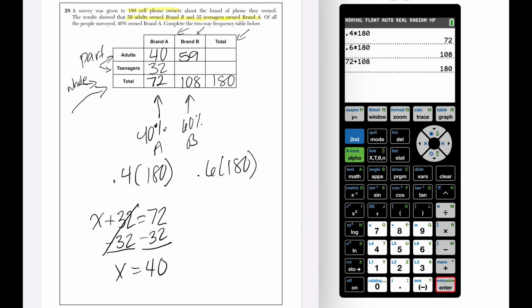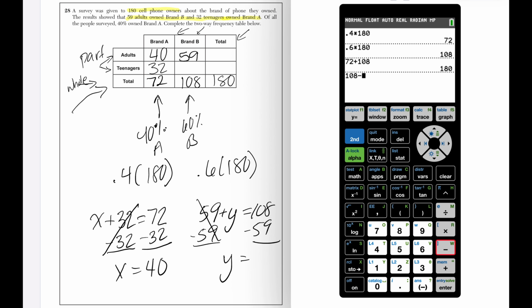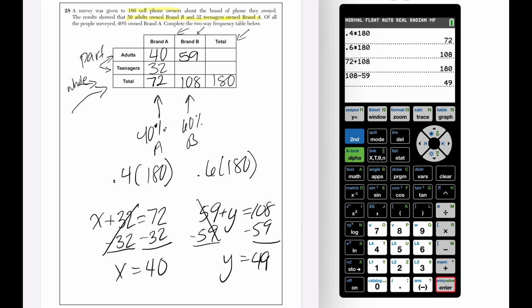So 40 adults like brand A. And we could do the same thing for brand B. 59 plus Y is equal to 108. So let's subtract 59 from both. Y is equal to 108 minus 59, 49. So 49 teenagers like brand B.